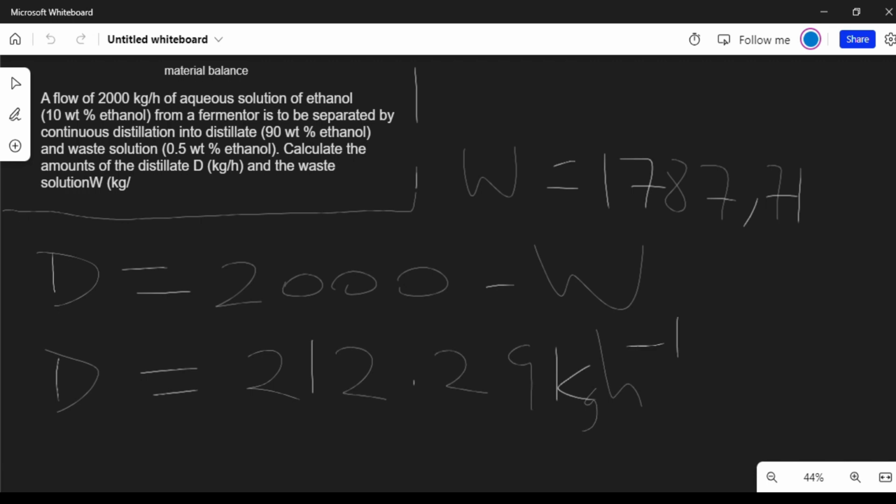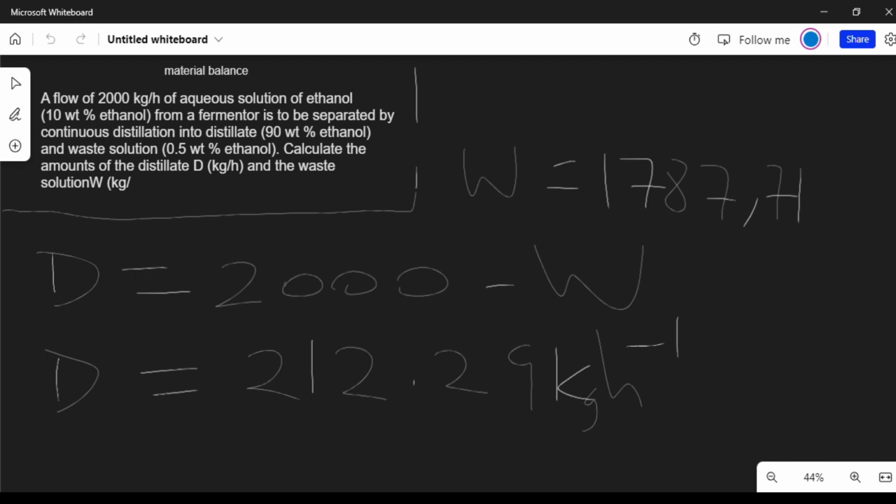So with what we just did, you realize that we used the mass balance equation for ethanol together with the mass balance equation for the whole system in order to arrive at the quantities or the specific masses of each of the products that was produced at the end of the process.